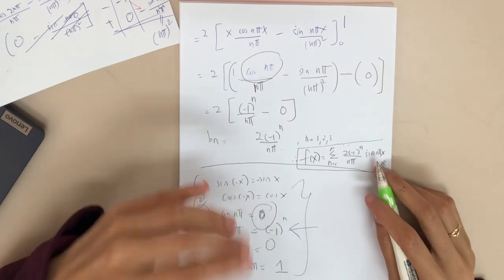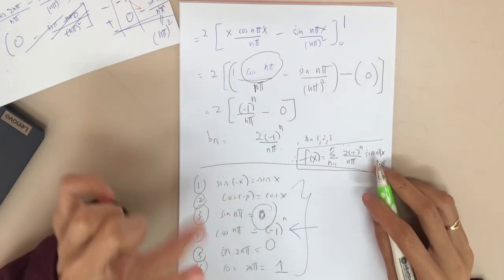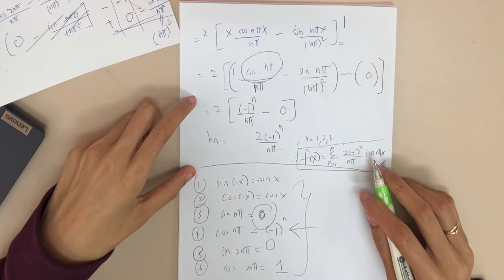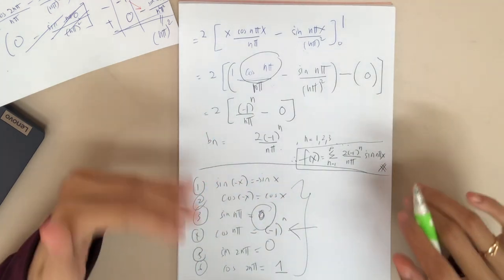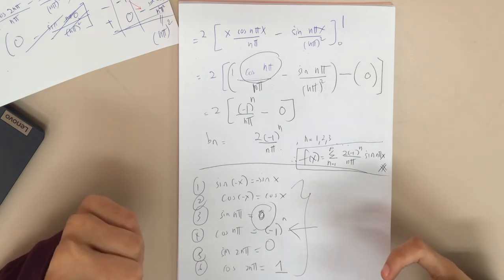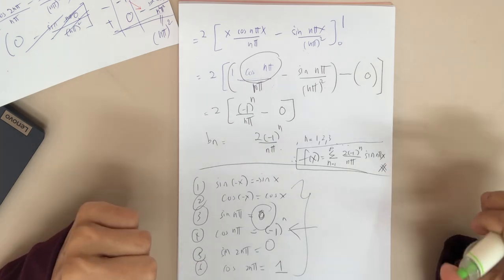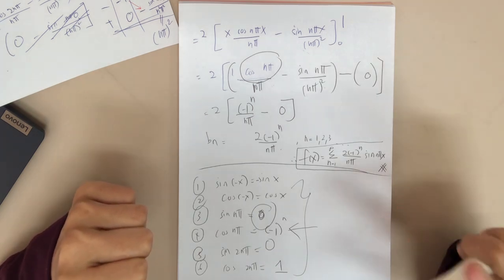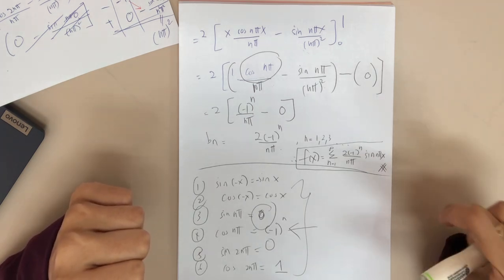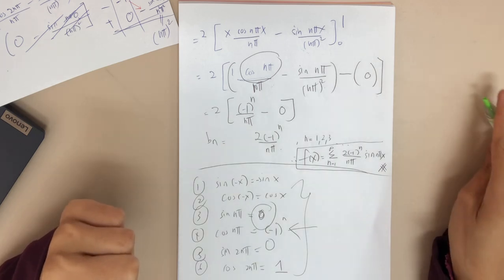Okay, you need to substitute back your Bn into the equation. Okay, it's already 20 minutes. Okay, so class, this is an example on the odd. I will try to do two more examples, one for the even and also one for the middle. Okay, alright.